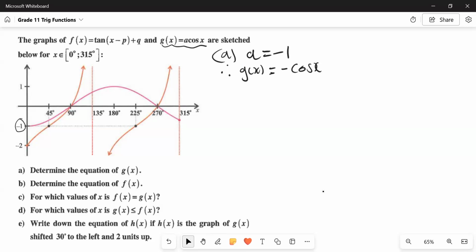Determine the equation of f of x. Again, the standard tan graph has an asymptote at 90. In the above graph, the asymptote is at 135.